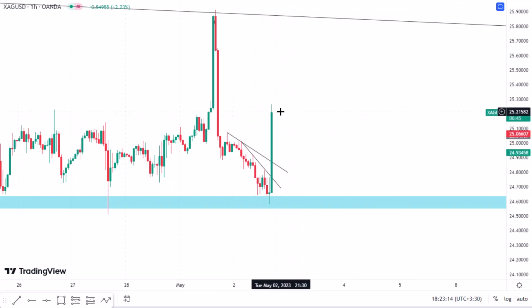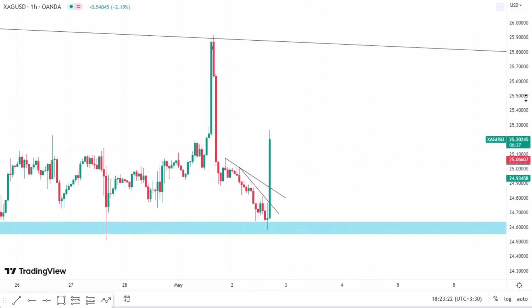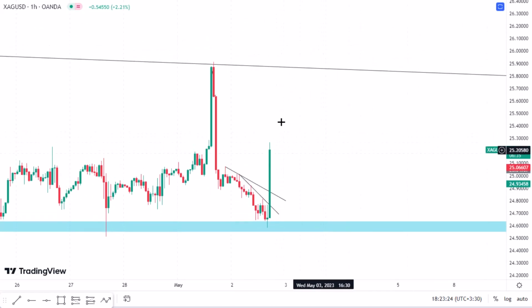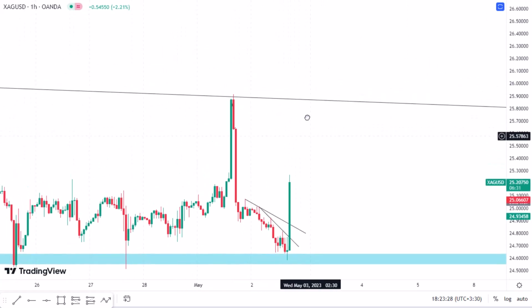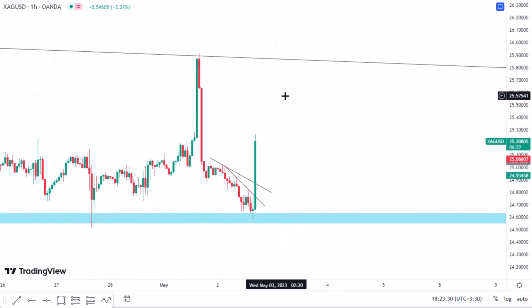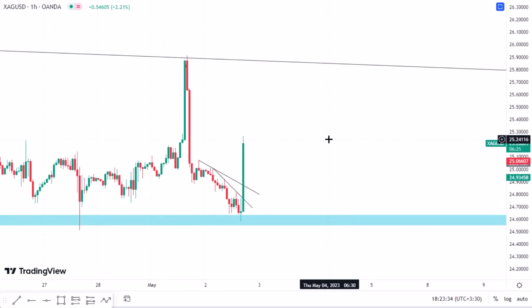If we enter buy position somewhere here, we should put our stop loss below this candle, which is illogical. Our risk to reward will be somewhere here, and I don't enter this kind of positions. You may enter, but I don't.